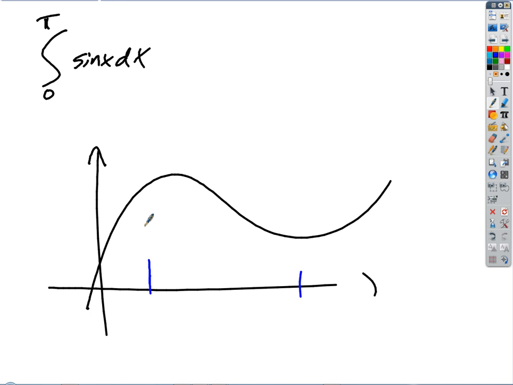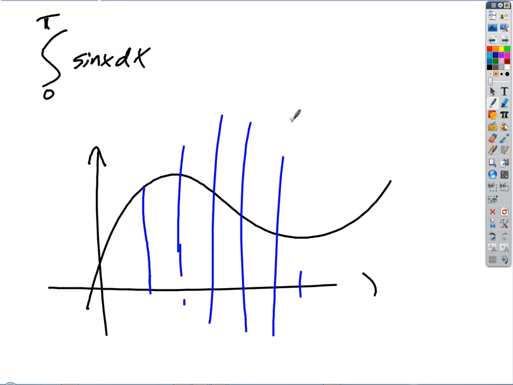But if these are the slices that we're making through this function, if we make rectangles, they don't always fit so well, do they? The advantage being, and you probably remember this discussion, that the areas are so easy to calculate, because it's just width times height, and that's it. So it's easy to add up. The disadvantage is they don't match the curve very well.